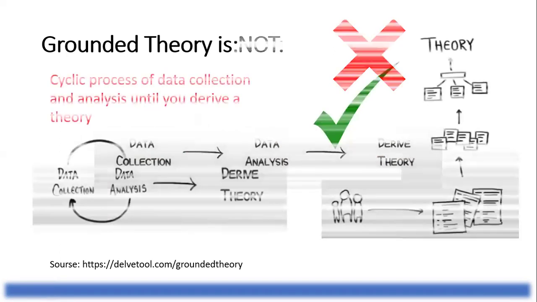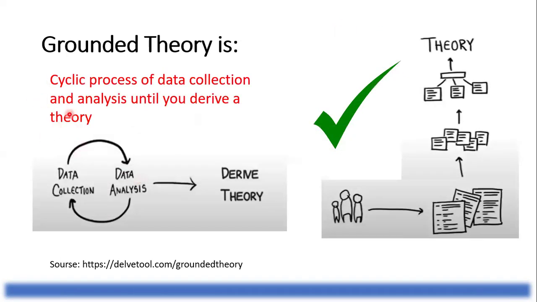In fact, grounded theory is a cyclic process, which is known as iteration. So, a cyclic process of data collection and analysis until you derive a theory. So, you collect data, you analyze data, you collect data, you analyze data again and again. That cyclic process is known as iteration. So you collect and analyze data again and again until you derive a theory.